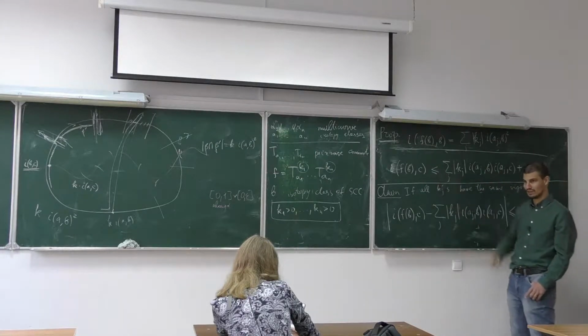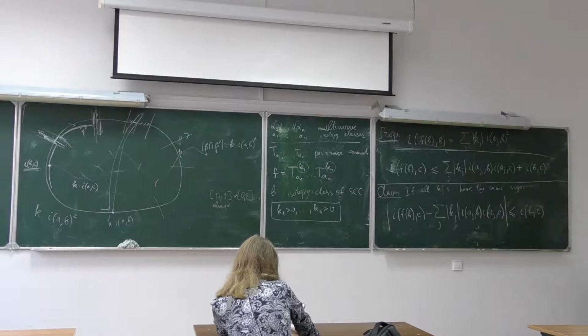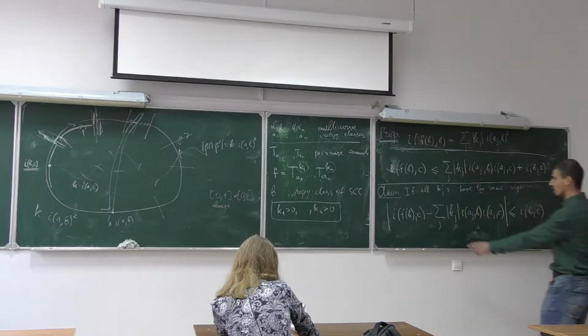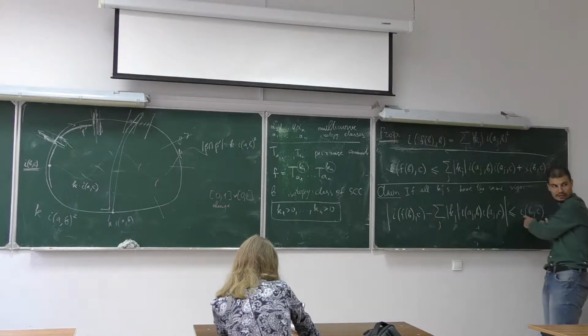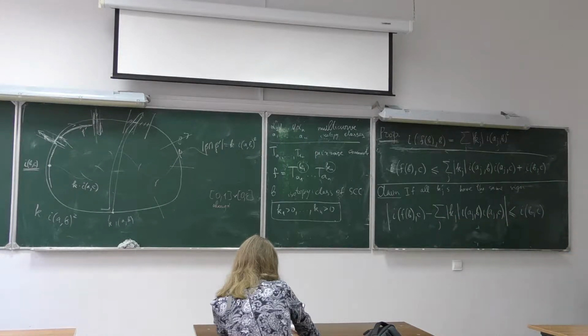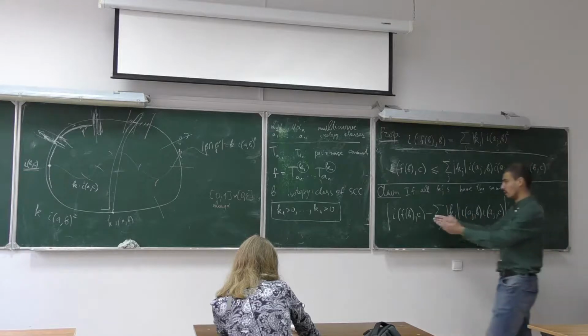One of these is exactly this. We see that this one is less than or equal to that plus I of BC. So we need to prove the lower bound.